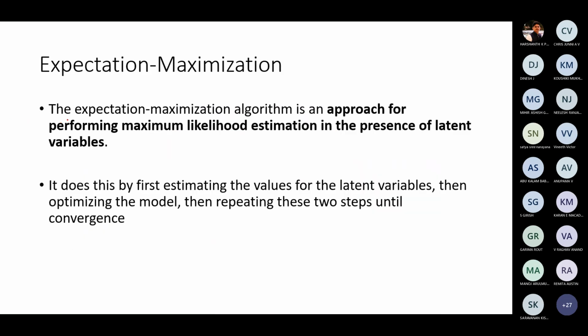What does it do? Expectation maximization is an approach for performing maximum likelihood in the presence of latent variables, meaning missing variables. It does this first by estimating the values for the missing variables, then optimizing the model, then repeating the expectation and maximization steps until convergence.